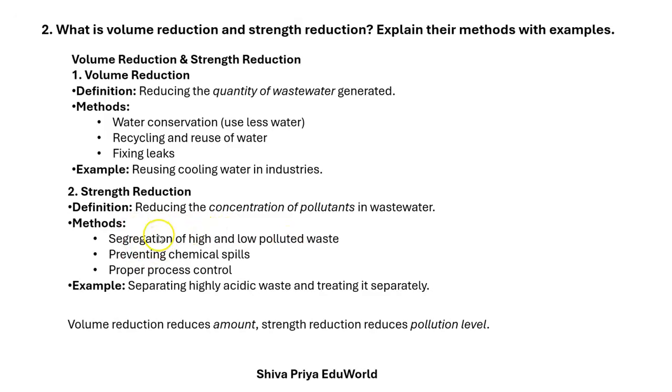As I already told you, they will segregate high and low polluted wastes separately. Overall, volume reduction reduces the amount and strength reduction reduces the pollution level. Clear? You have to remember these things. You can easily write down in your own words.